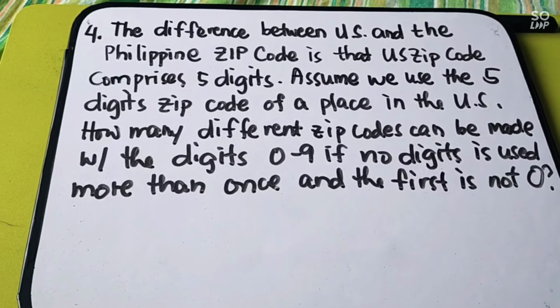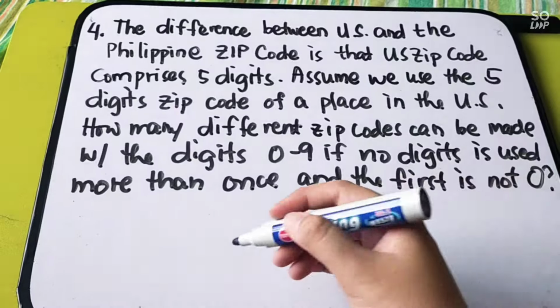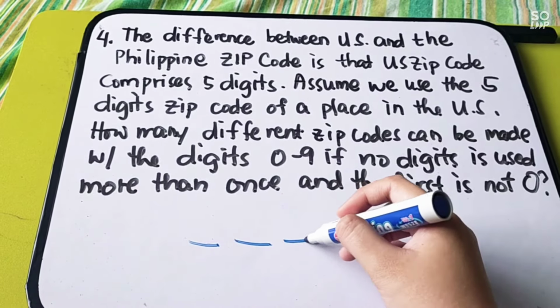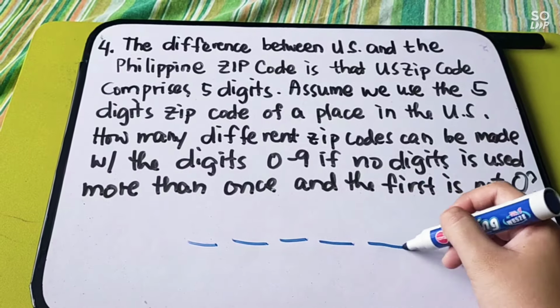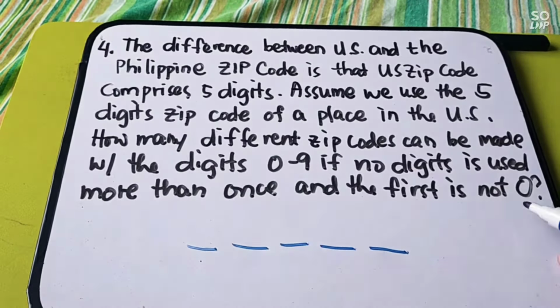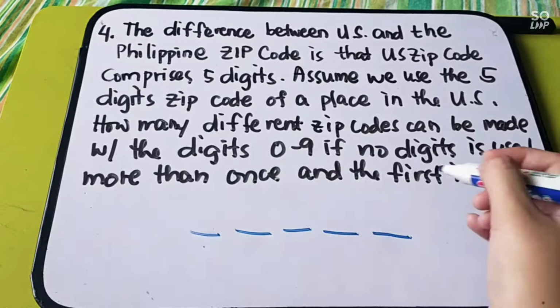So, fundamentals na lang tayo. So, sabi dito, 5 ang ating kukunin na numbers. 1, 2, 3, 4, and then 5. So, dun sa unang number, hindi po pwede si 0. Ang 0 to 9 ay composed of 10 numbers, diba?